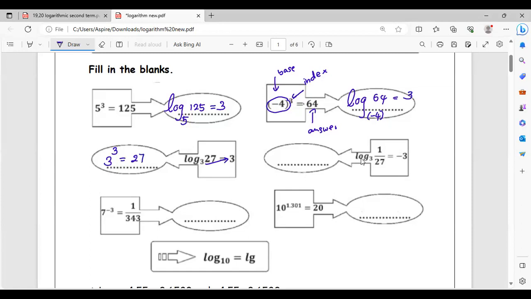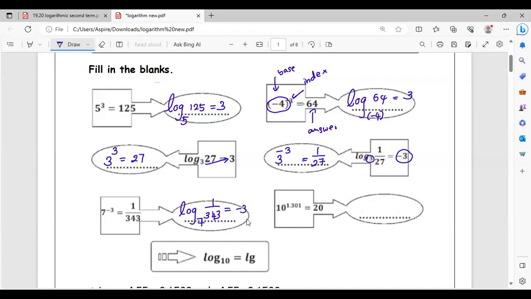Okay. Then here, what is the base? It is 3. Then the index. Base is 3, index is -3. It is equal to 1 over 27. Okay. Then look here. The log form is log, the base is 7, 1 over 343 is equal to -3.